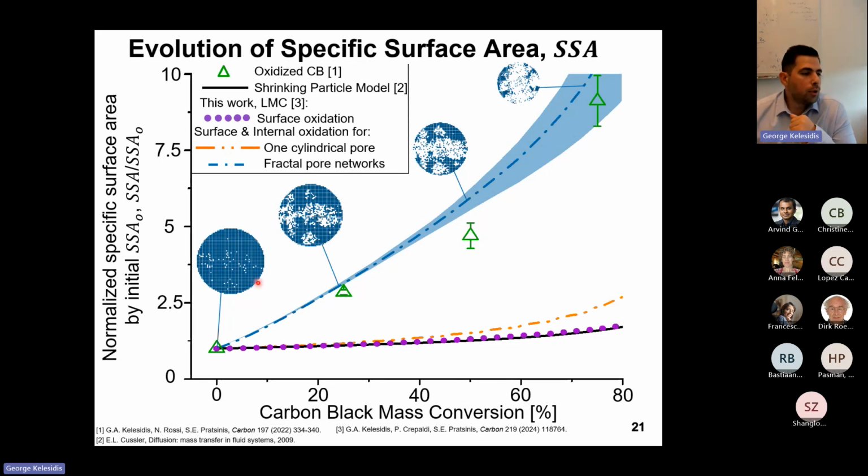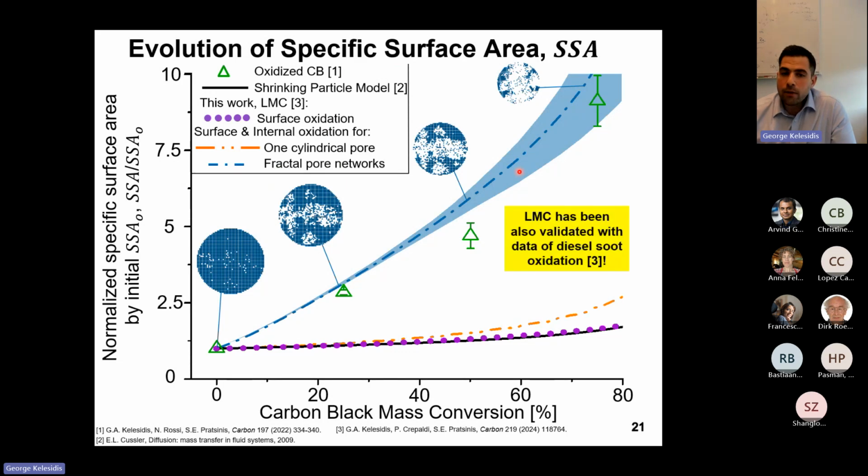So this lattice Monte Carlo model for internal and surface oxidation of particles containing fractal-like pore networks can describe very accurately the specific surface area evolution of carbon black during internal and surface oxidation. And before moving on, I would like to mention over here that this model has been validated also with experimental data of diesel soot oxidation at low temperatures, which is relevant for oxidation of soot nanoparticles in diesel particulate filters.